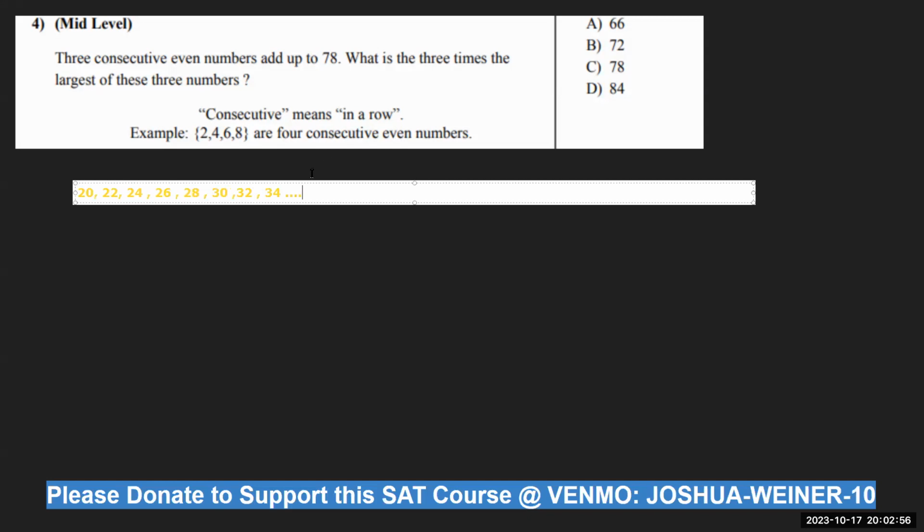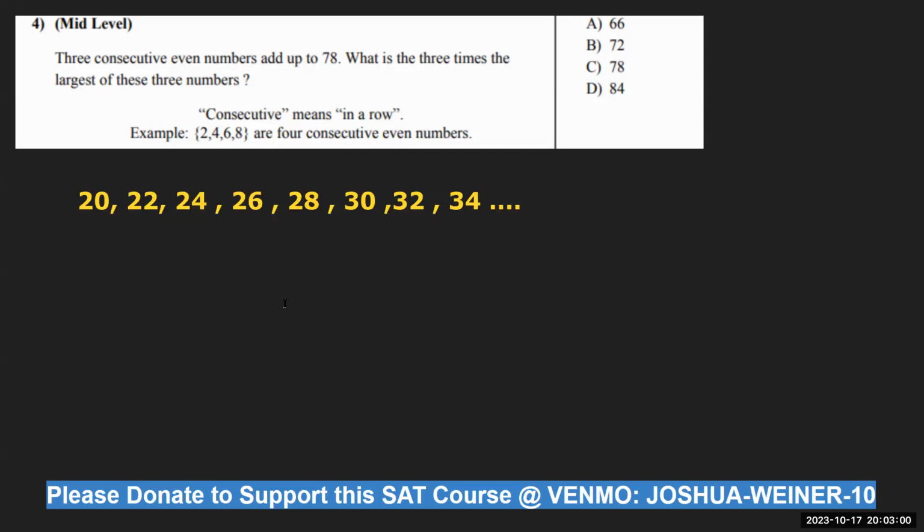Since we want 3 in a row, well, if we start at 20 as the first number, then we have 20, 40, 60, plus whatever those ones digits are. So that won't be enough because we want to reach 78.